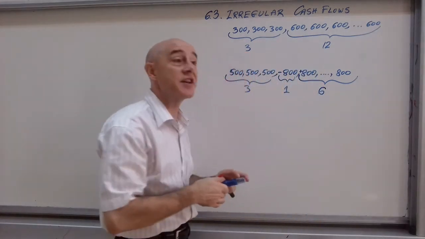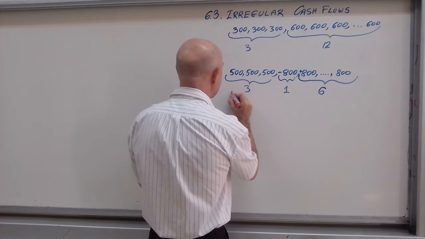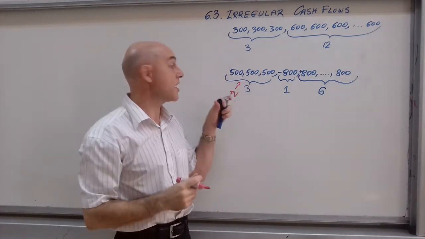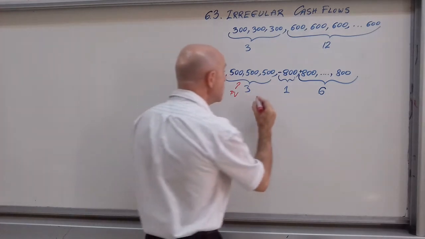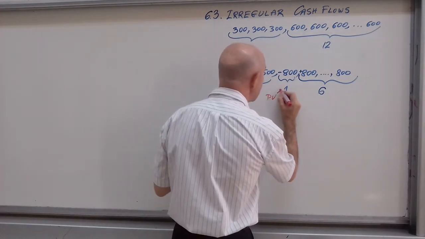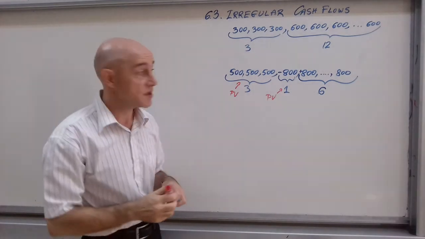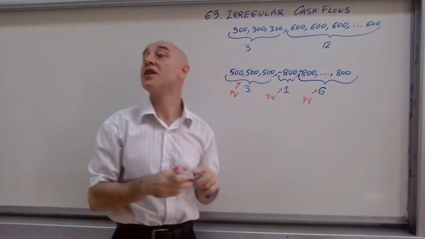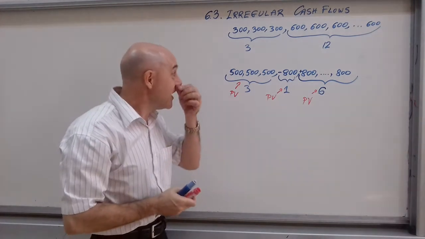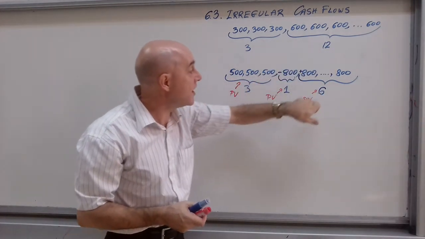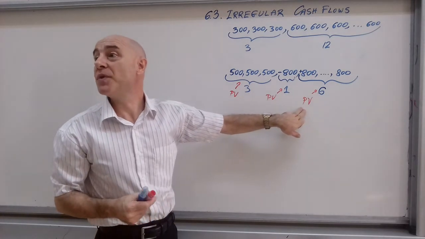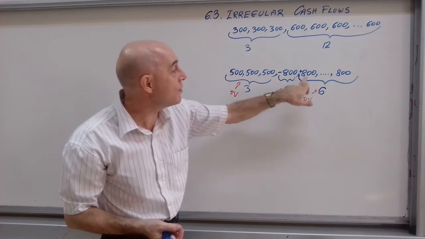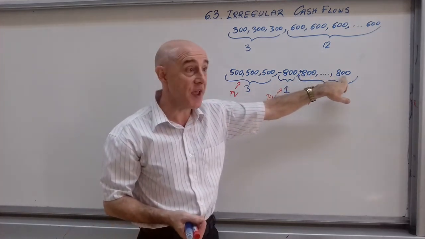So, you will calculate the present value of this. That's going to be 1 present value. You're going to calculate the present value of this, and then you're going to calculate the present value of this. Okay?